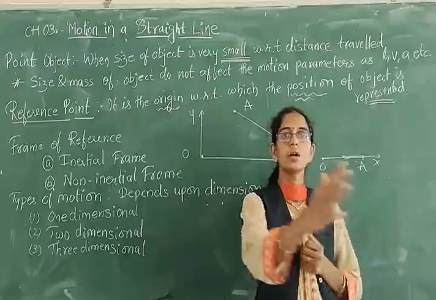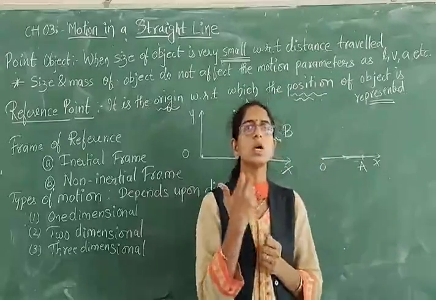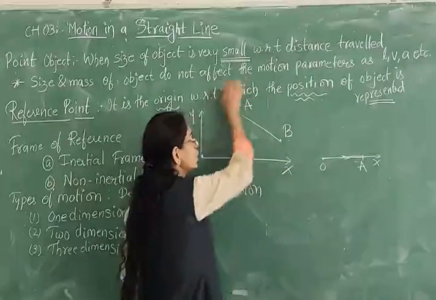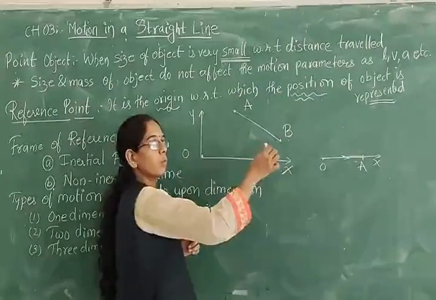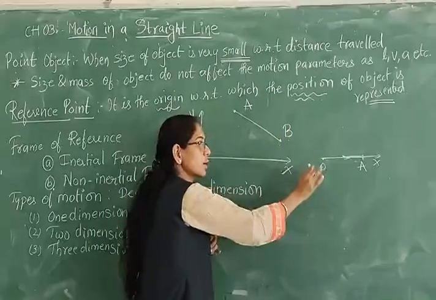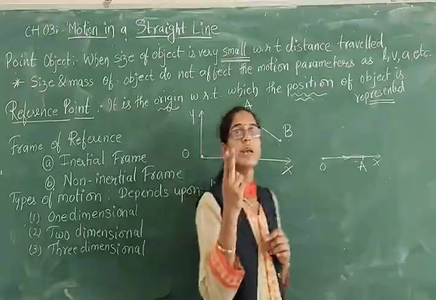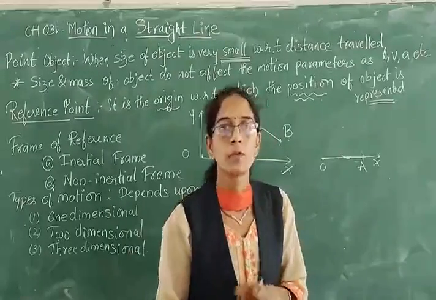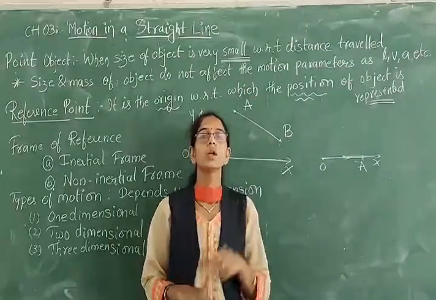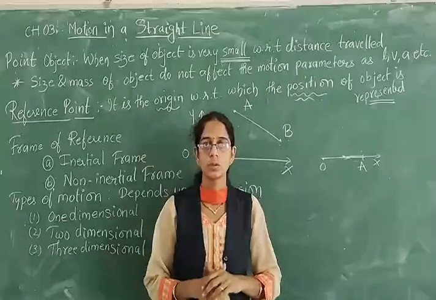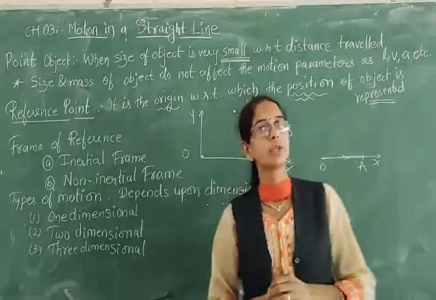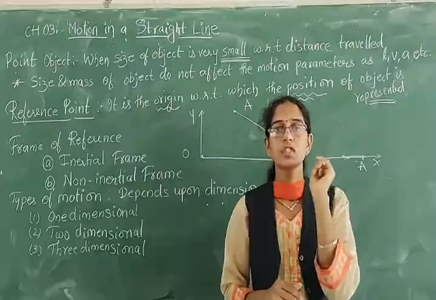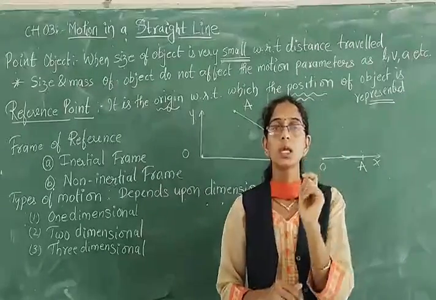Whatever motion I show, it is a two-dimensional motion. Object is moving here on this blackboard. Then that object's motion can be represented again with only two coordinates, x and y. Therefore, that type of motion is termed as what? Two-dimensional motion.